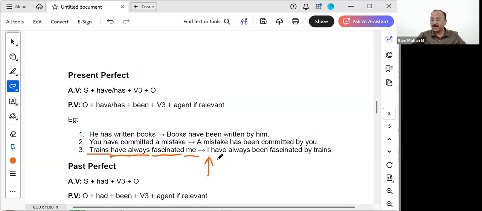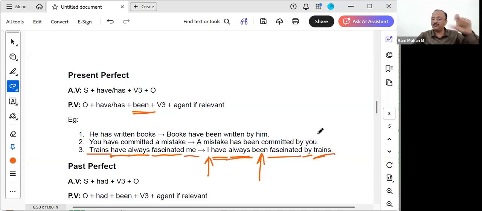I means I have. Always will get added as it is. I have always been. The word be will be added. Fascinated by, the subject will become the object. Trains will come. I have always been fascinated by trains. Trains have fascinated me. So I have been fascinated by trains.